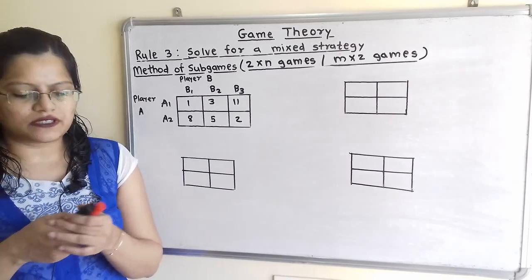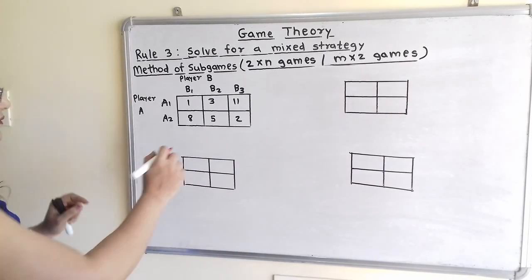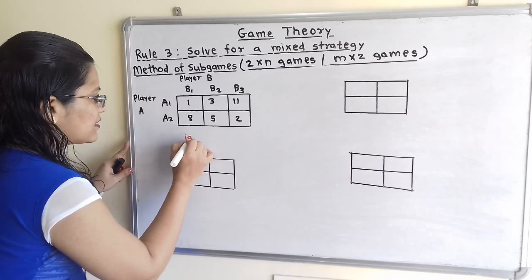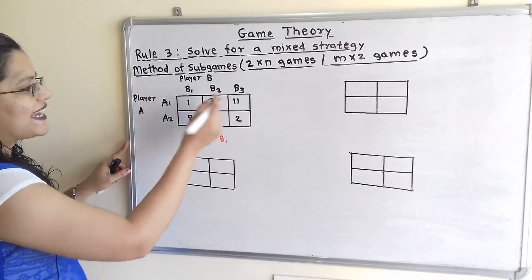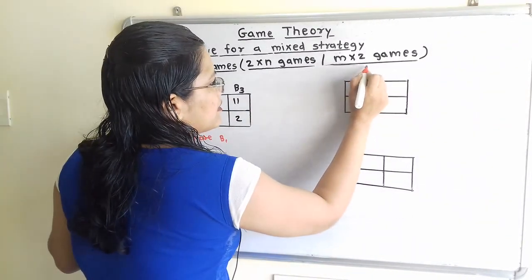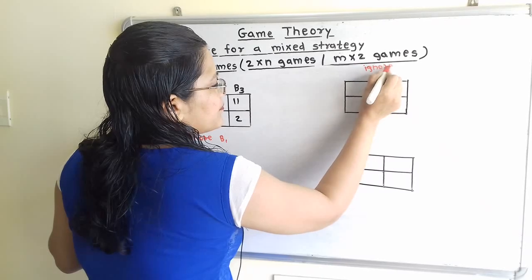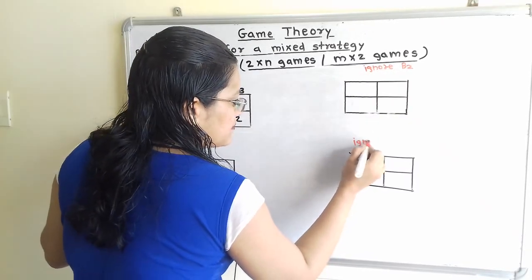For the first subgame, we will ignore strategy B1. Then for the second time we will ignore strategy B2. And the third time we will ignore B3.